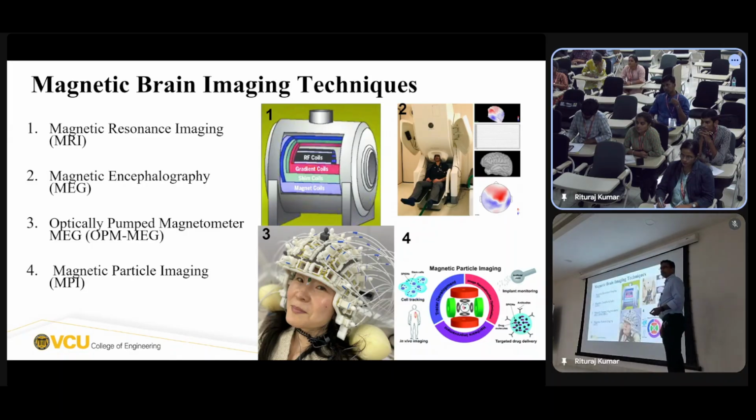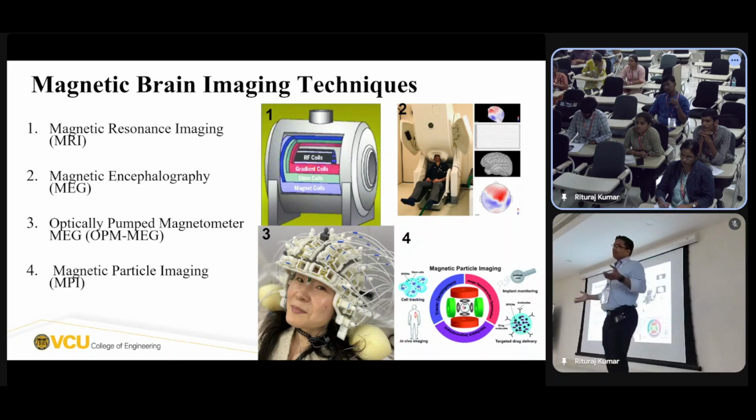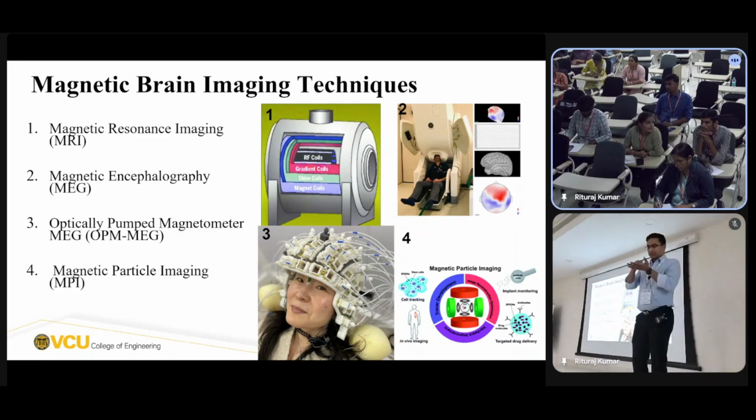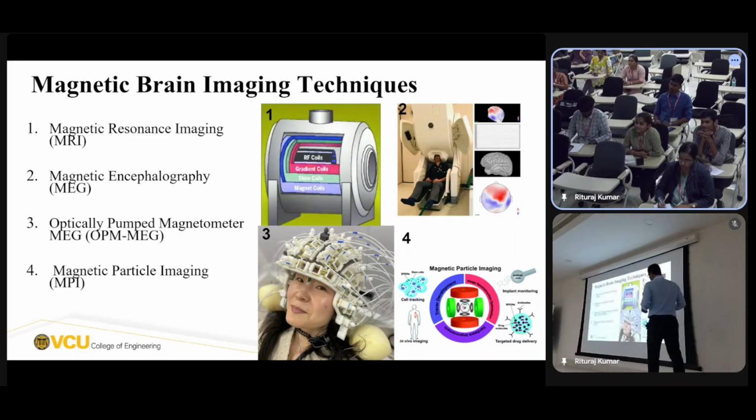These are all related to magnetic fields. Of course there is also EEG, which records your brain activity, with much simpler electrodes, just some coil.